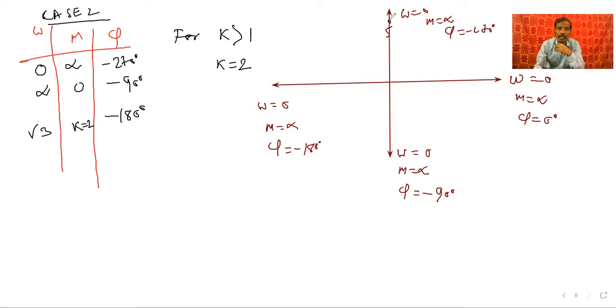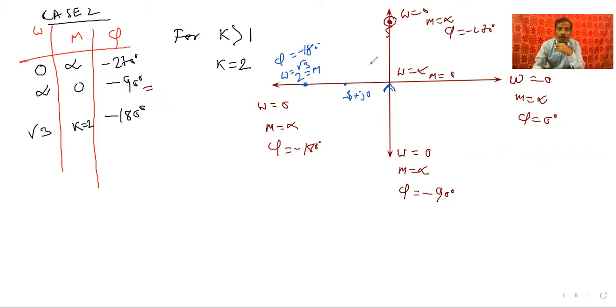So this is the starting point, and this is the terminating point because at omega equals infinity, M equals 0, and this is the terminating direction. Suppose this is the minus 1 plus j0 point, and this is point 2: omega equals root 3, M equals 2, and phi equals minus 180 degrees.